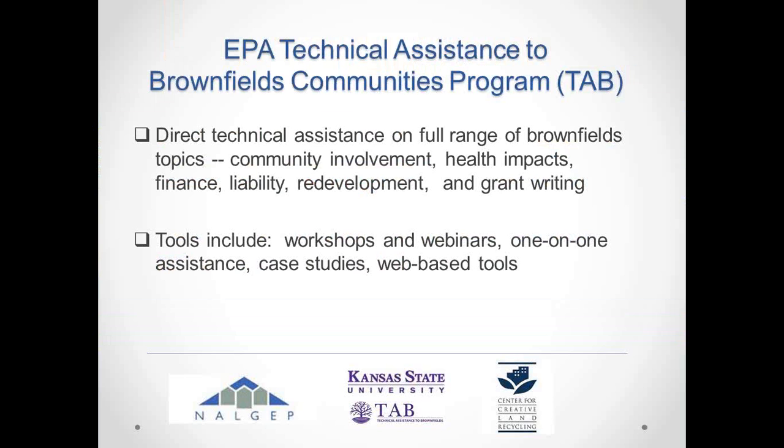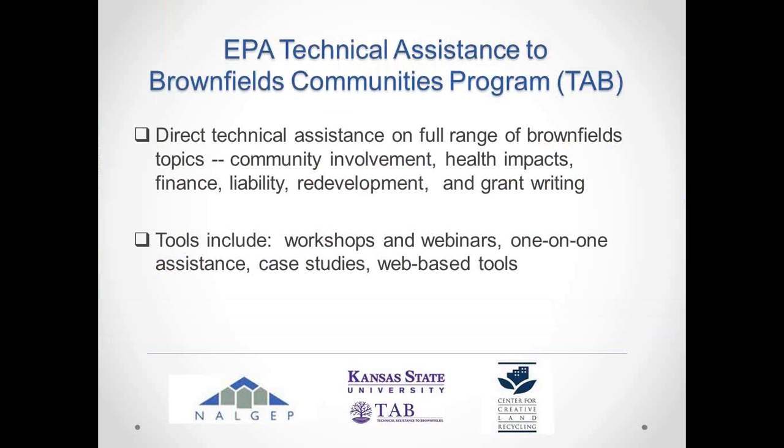I want to give you a little background on the EPA Technical Assistance to Brownfields Communities Program. The TAB program was created many years ago by EPA to provide direct technical assistance to local communities and other brownfield stakeholders around the country.